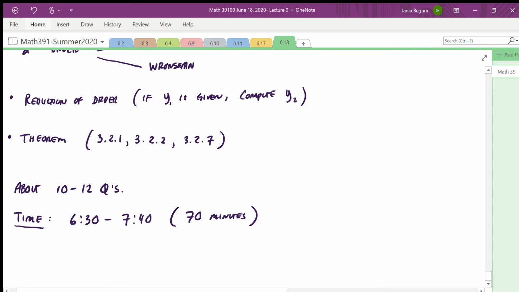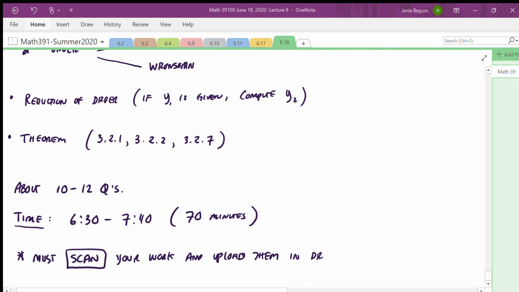And then during the test, I'll probably send you the link from Dropbox. You'll scan your work, right? Scan, no pictures. Scan your work and upload them in Dropbox.